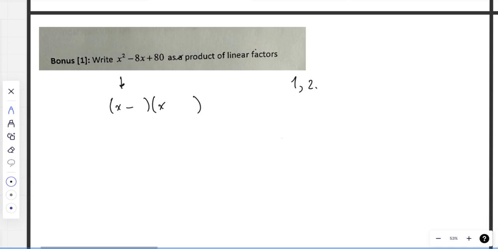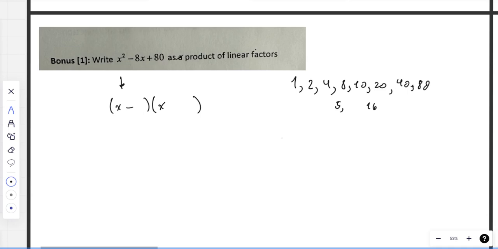let's write the factors of 80: 1, 2, 4, 8, 10, 20, 40, 80. I also forgot 5 and 16. So like 4 and 20 will multiply to 80, 8 and 10 will multiply to 80, but we want something that adds up to negative 8. 5 times 16 multiplies to 80, but is there something I'm forgetting?